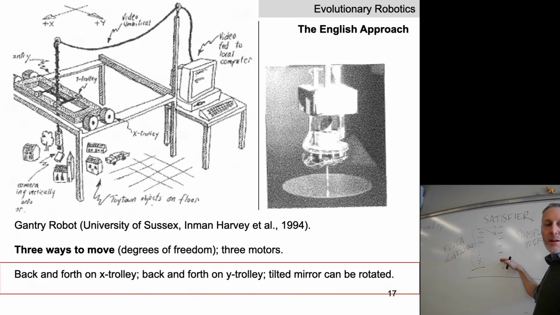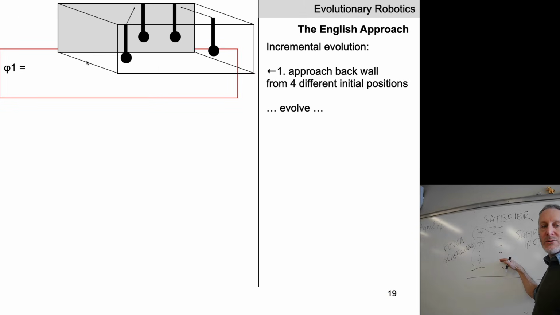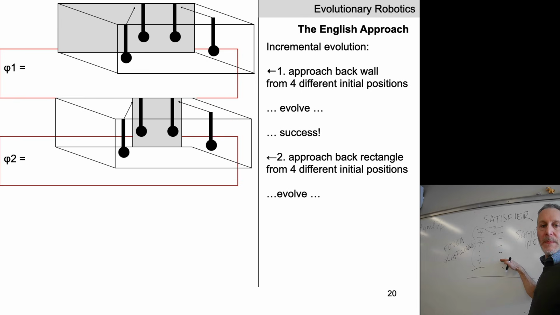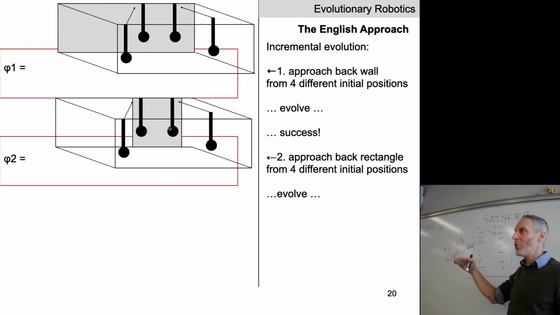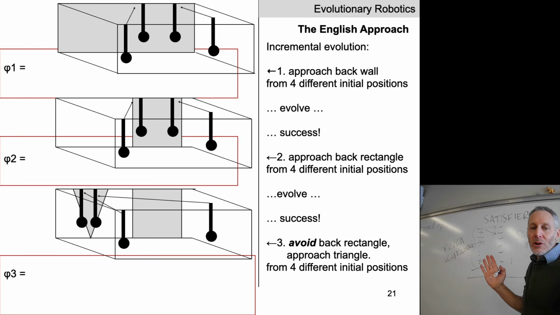In other words, it might evolve to always drive the Y trolley to the top of the X trolley. It doesn't necessarily even need, in this first stage, to learn to recognize the gray rectangle. But here, if we put the gray rectangle at the back right of the table, we want the gantry robot to always drive to the back right under the table. Everybody see that? Seems kind of trivial.